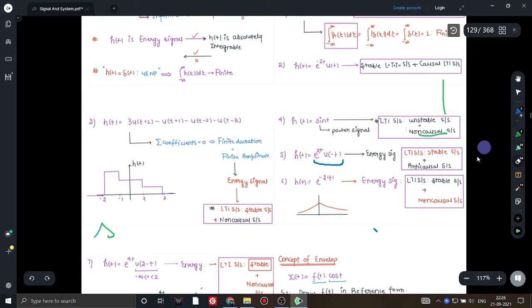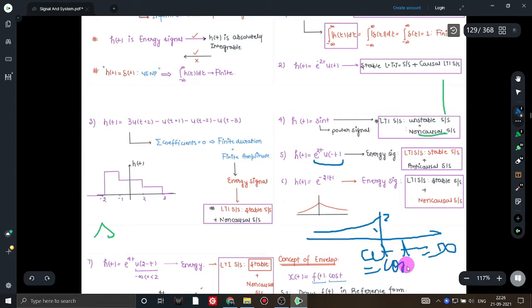Okay, so now it's like only this. So it is also an energy signal because at time t equal to infinity, the value is constant.